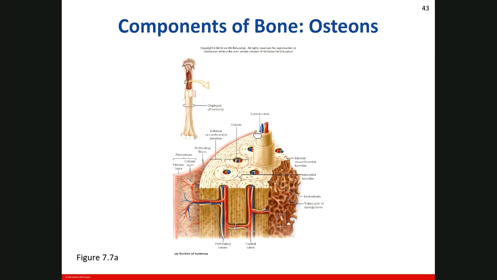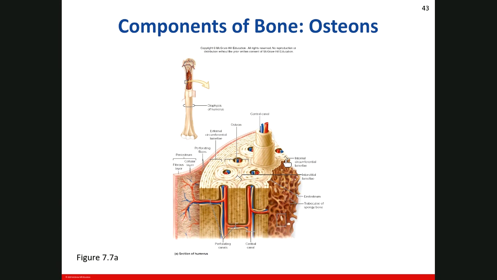The one which is located near the periosteum is called external or outer circumferential, and the other one which is adjacent to endosteum is called internal or inner circumferential. And they can protect the bone from outside, and also they can protect the marrow cavity from inside.